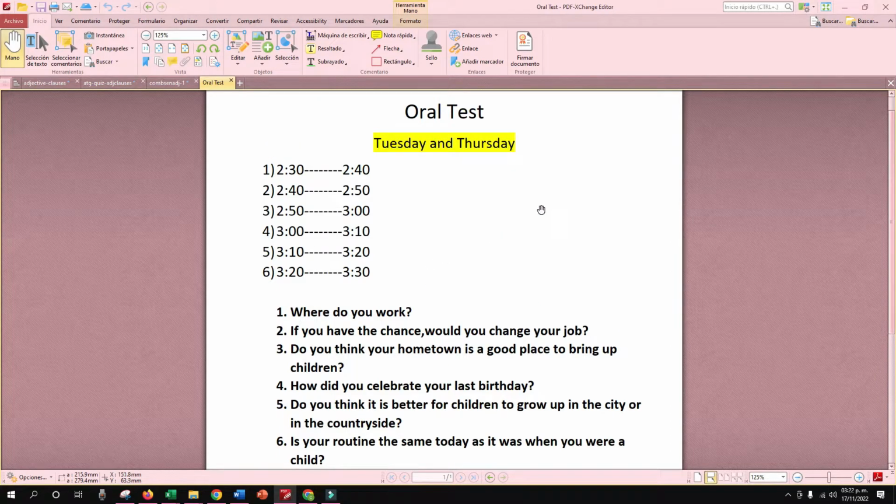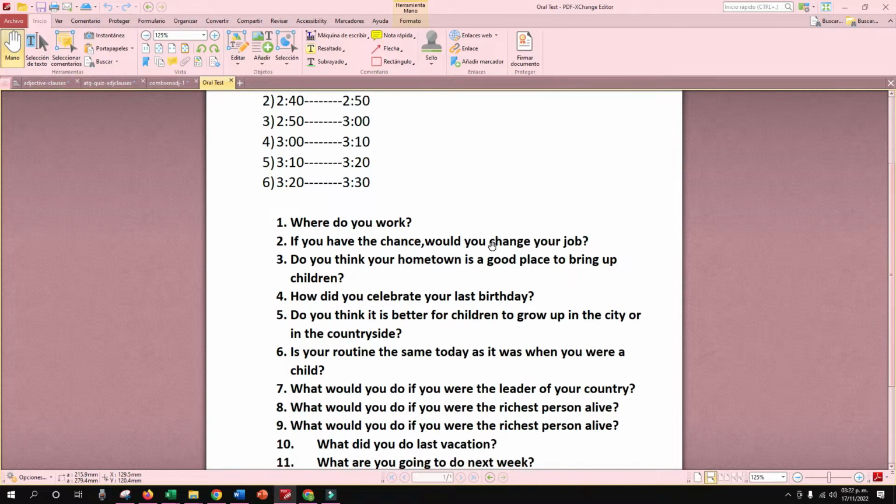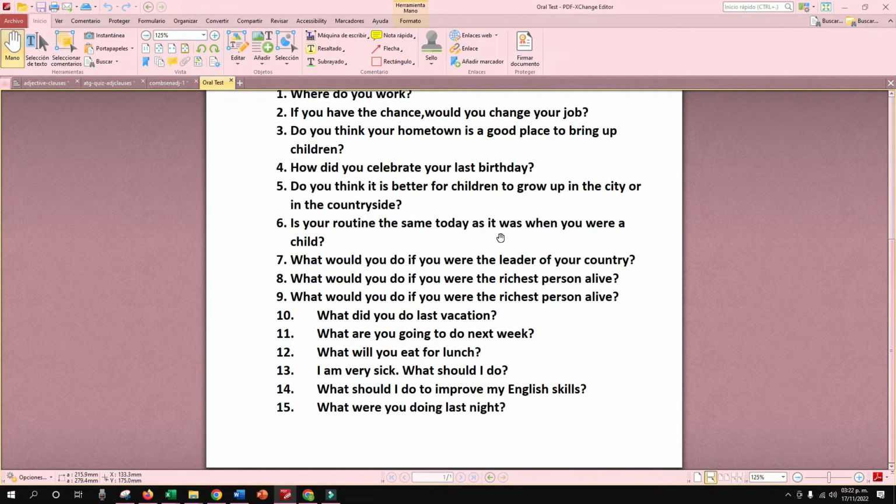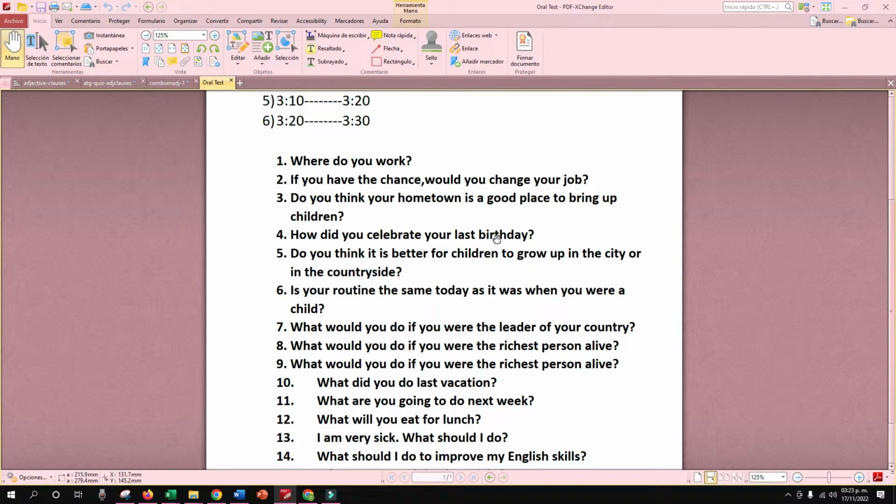So guys, I will say this in Spanish, okay? Vean chicos, aquí tenemos el horario, ¿verdad?, del examen oral que vamos a realizar la próxima semana. Acá también les dejaría 15 preguntas que puedo hacerles ese día, en lo que dura su examen.